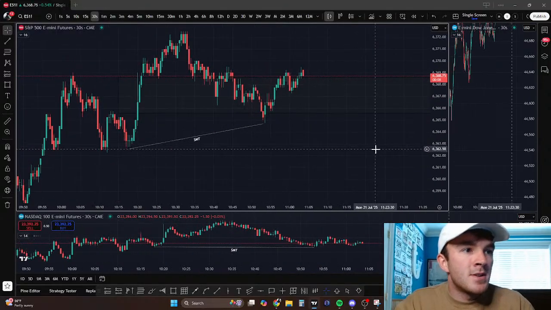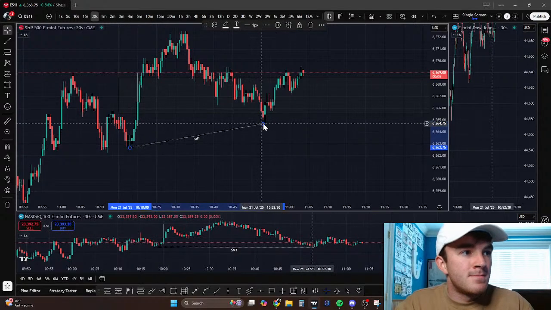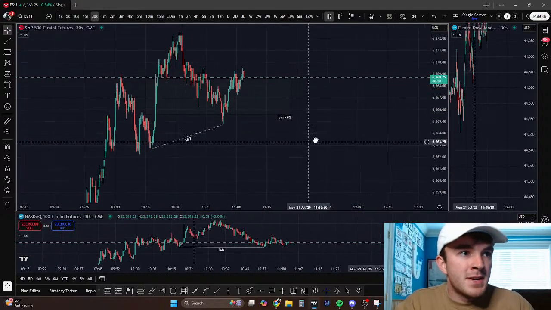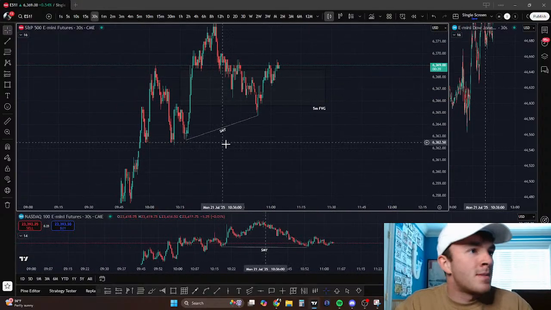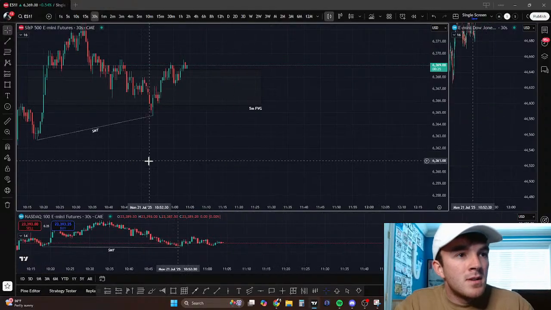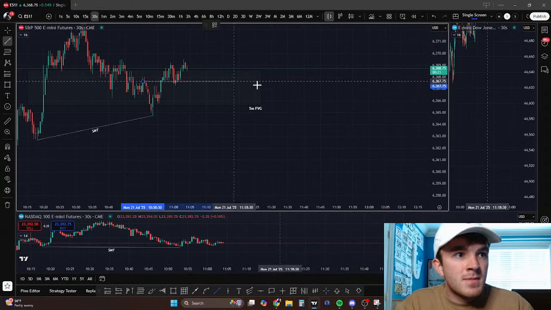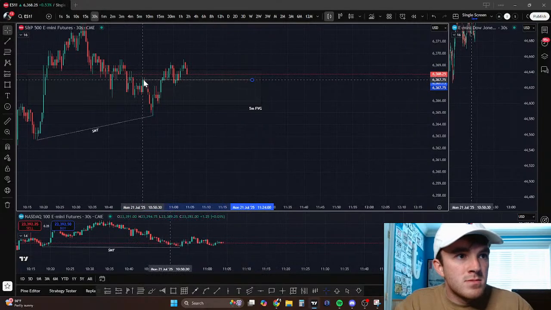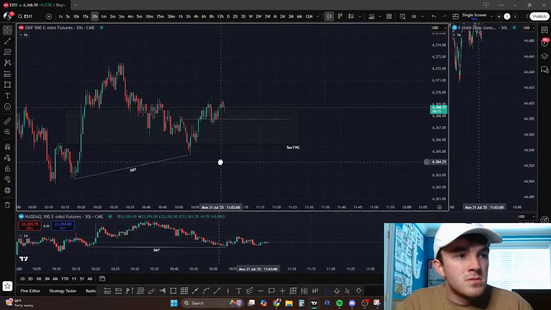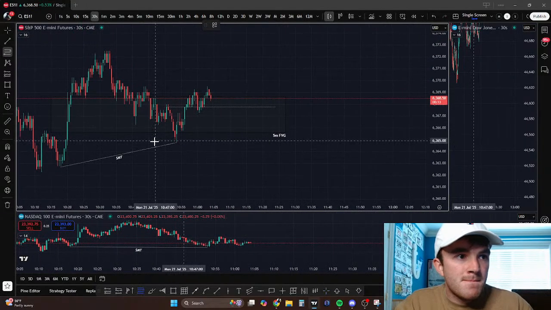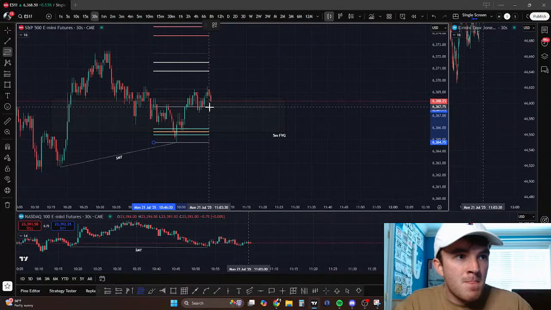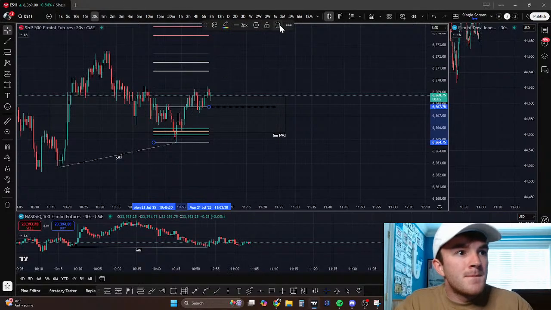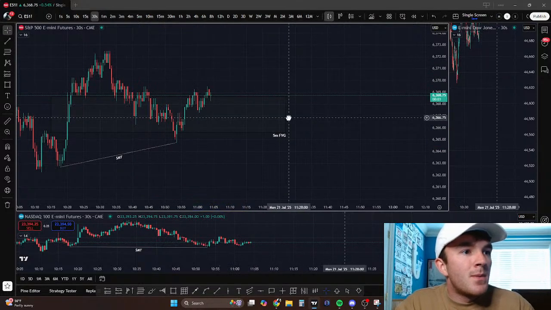So I'm curious, we could end up going off of this, but nothing I love, right? Look at how much consolidation this is. I don't even want to draw out the change of state, but why don't I trade ES?